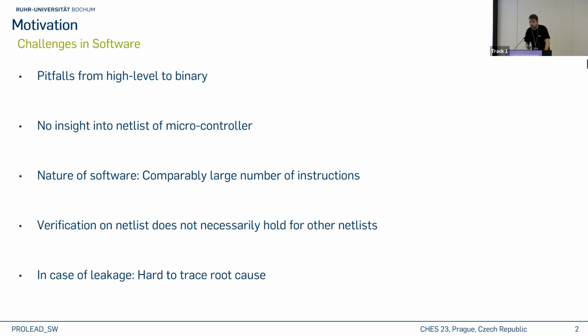And furthermore, we have a more practical challenge here, which is if you perform some leakage assessment and identify leakage, then it's really hard to trace the root cause of the problem. So often what you would have to do is reverse which instruction was executed, for example, during this leakage measurement point. And this is very tedious, especially when you have many leakage points, and also consumes a lot of manpower.